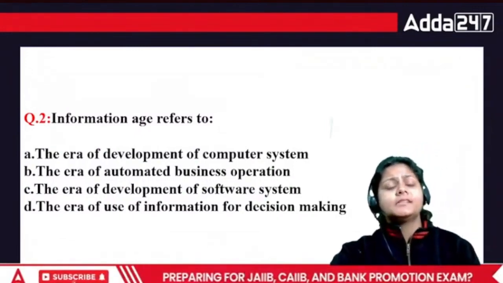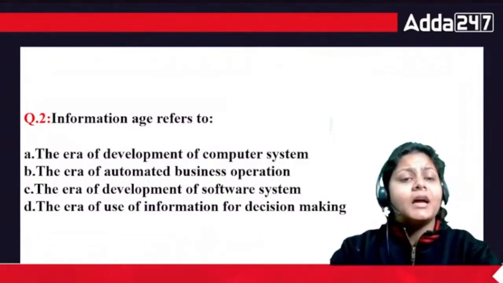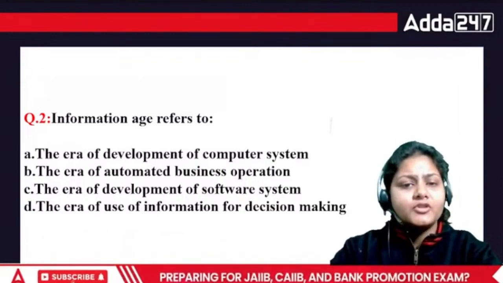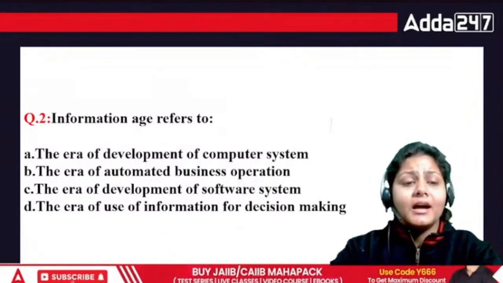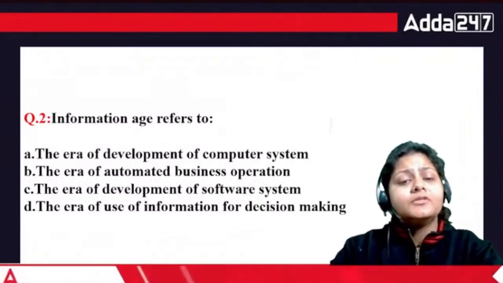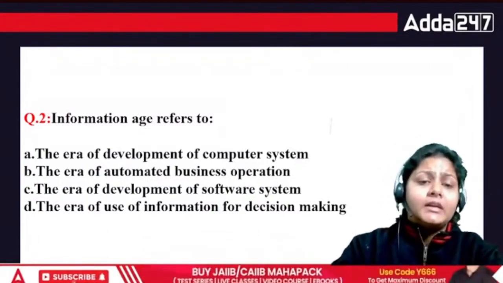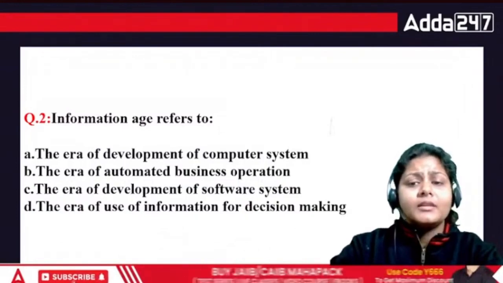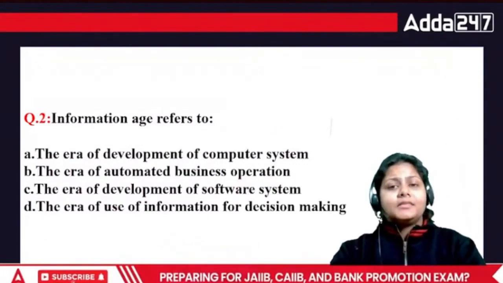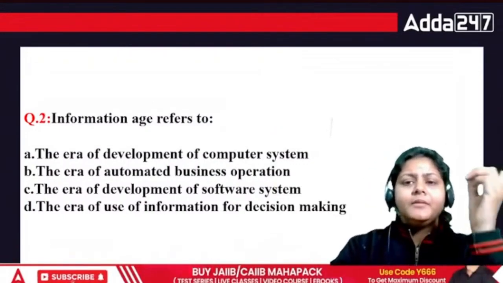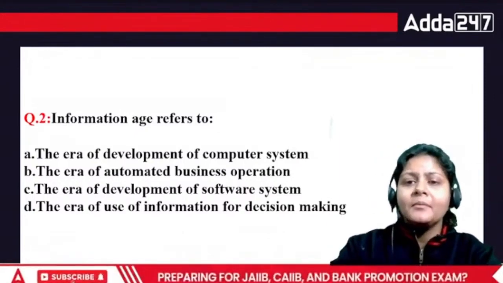See, option A is the era of development of computer systems, B is the era of automated business operation, C is the era of development of software systems, and the last one is the era of the use of information for decision making. Here the answer is D. This question belongs to chapter 16, HRM and IT.